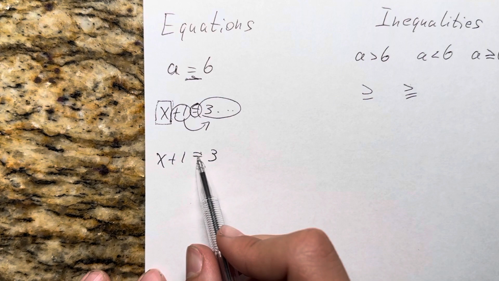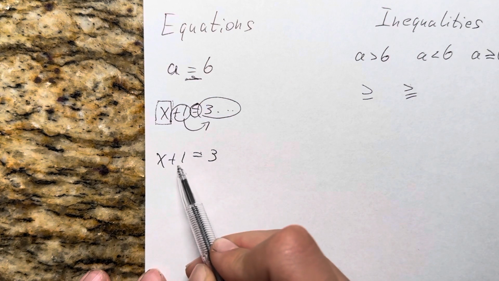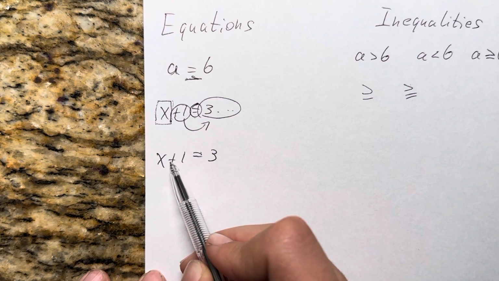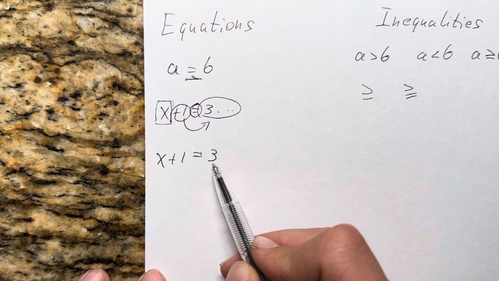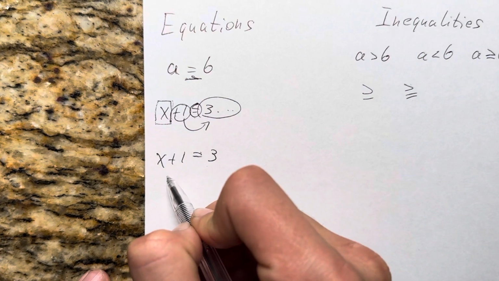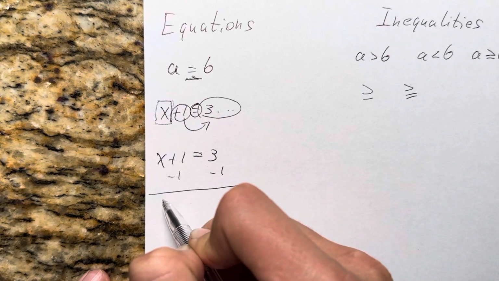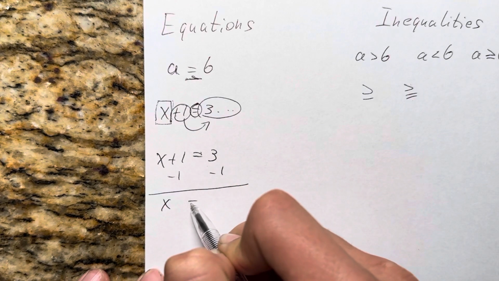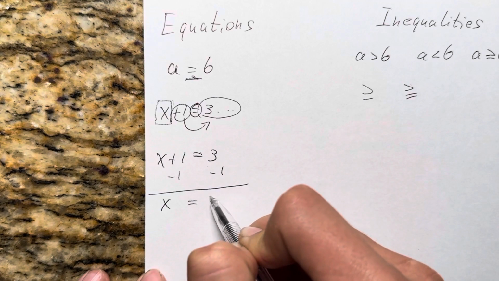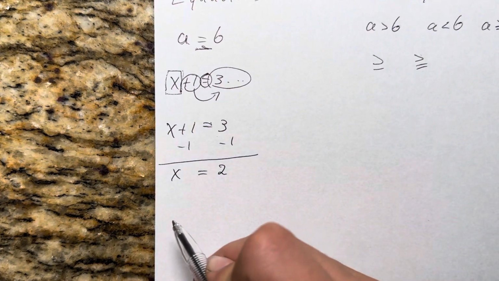So to do that, we have to subtract 1 from this side, and also we have to subtract 1 from this side as well. So we do that, and what we get is x equals 3 minus 1, which is 2. Simple as that.